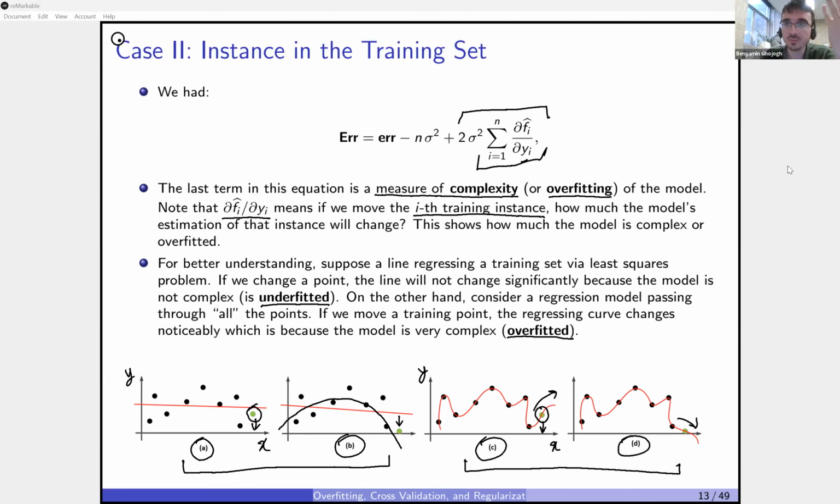It has low variance because it's a line, but high bias. There's a lot of error. Here in C and D, we have high variance but low bias, and that's overfitting. So we need a fit between these two cases. Neither underfitting nor overfitting is good. Only a good fit is good. Okay.